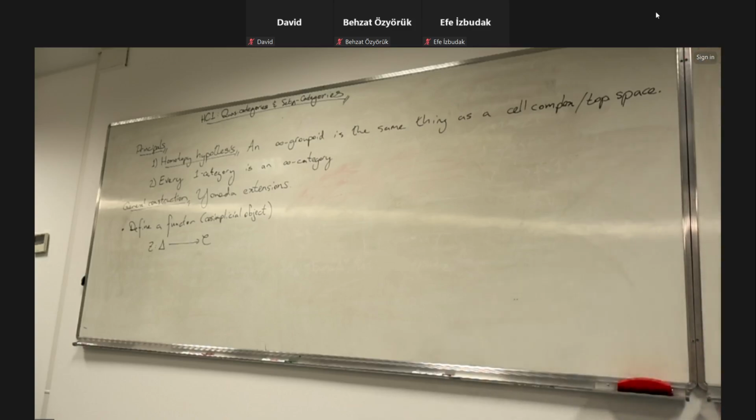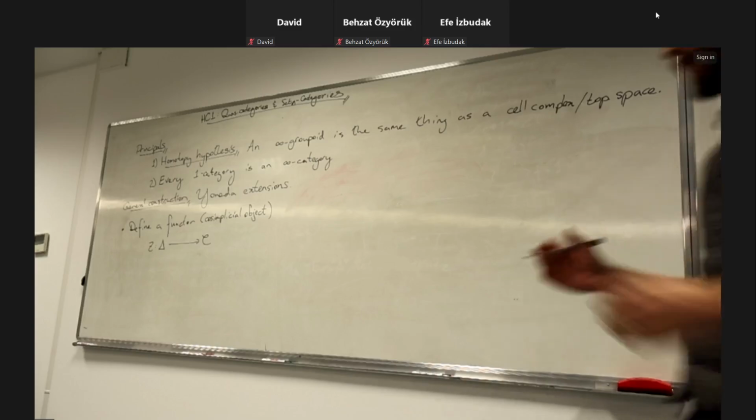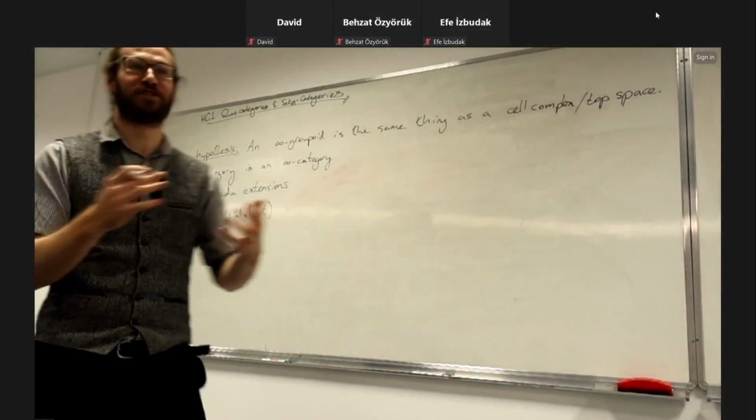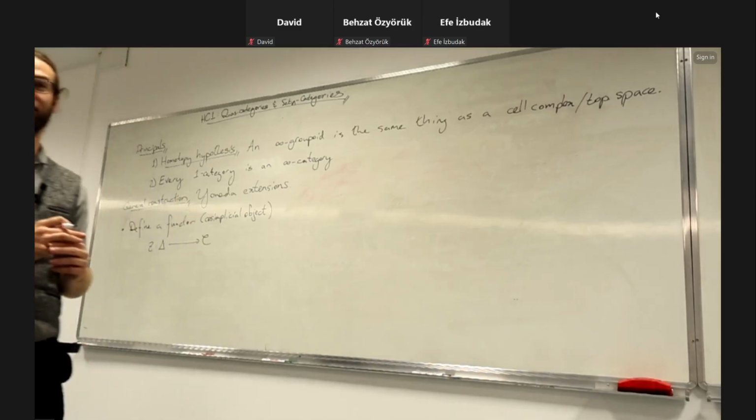Are you assuming you know what the category is? I am assuming that you have a vague nebulous intuition for what an infinity category should be. I am not assuming that you know any rigorous definition of an infinity category. So an infinity category should be a thing in which homotopy coherence lives.